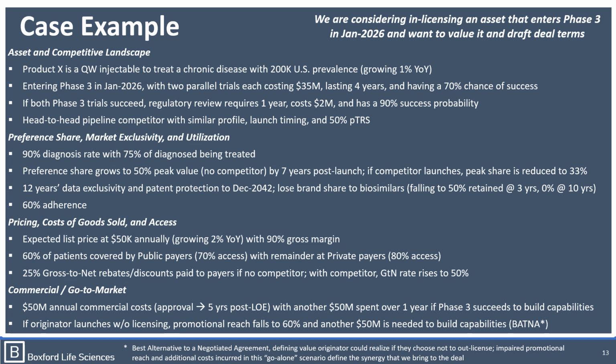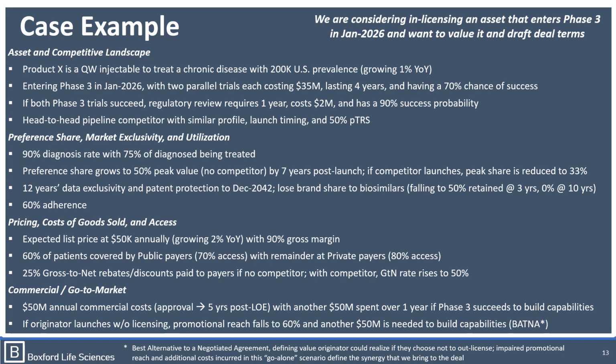In addition to our clinical development, we also are considering a head-to-head pipeline competitor that has a similar profile and launch timing, and it has a 50% chance of technical and regulatory success. We model a 90% diagnosis rate in this disease, with 75% of diagnosed patients being treated. For product X, we assume the preference share grows to 50% peak by 7 years after launch if we don't have a competitor.